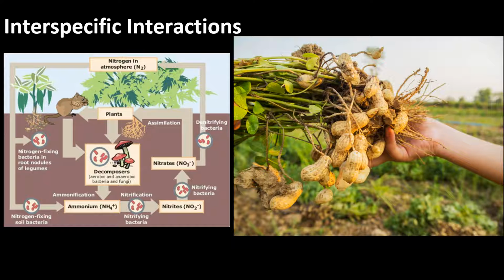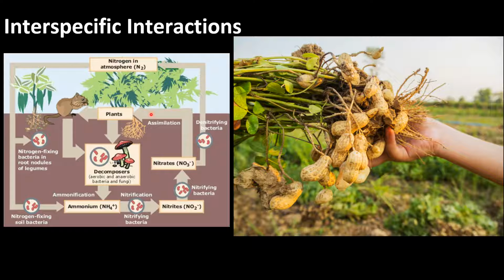Another example of this mutualism, just to bring it back to something we talked about in previous weeks, is the relationship between the nitrogen-fixing bacteria that live in these little nodules right here, and the peanuts themselves, or different legumes.